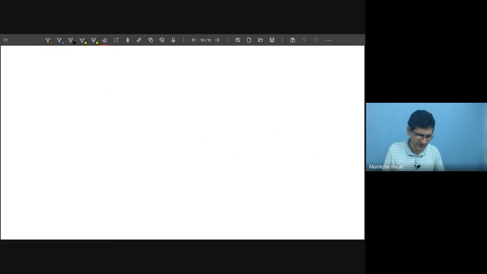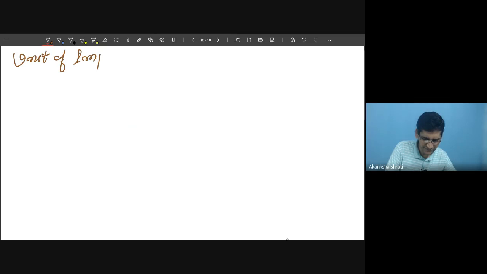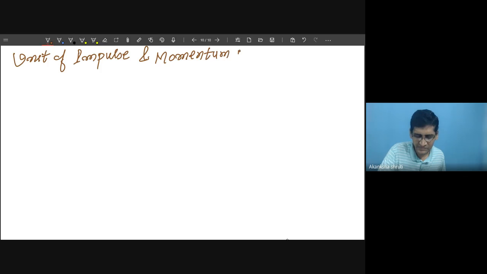So let us go ahead. Write down the unit of impulse and momentum. We have to understand first the unit of impulse and the unit of momentum.